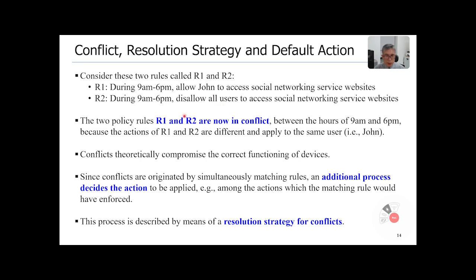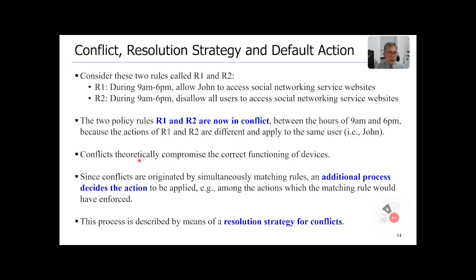Somehow we need to decide how to handle John's case. The two policy rules R1 and R2 are now in conflict during the hours 9 a.m. through 6 p.m. because the actions of R1 and R2 are different. R1 lets John access the SNS service, while R2 says all users cannot access during this time. They are different, but apply to the same user, John.